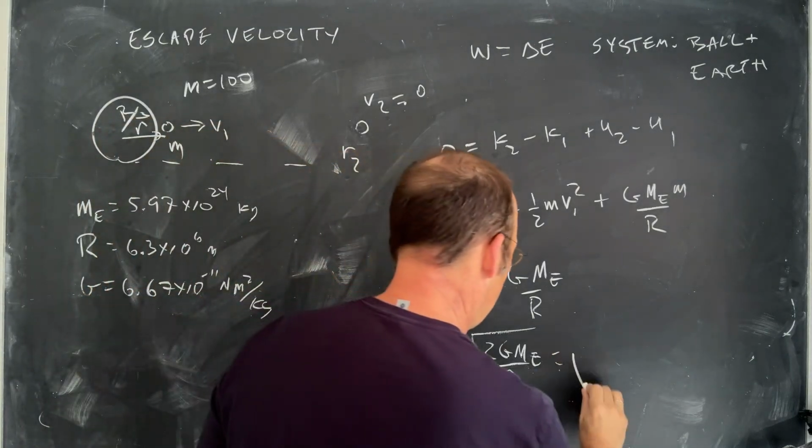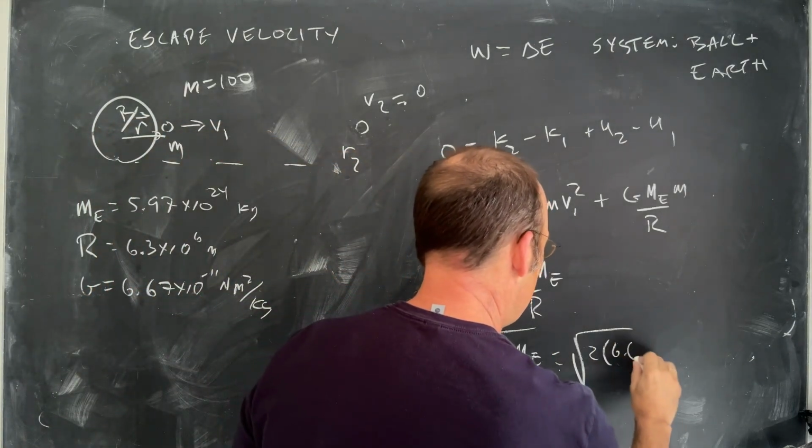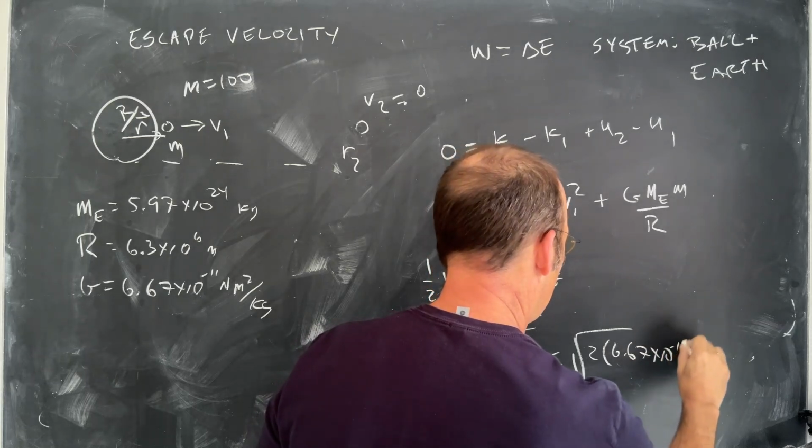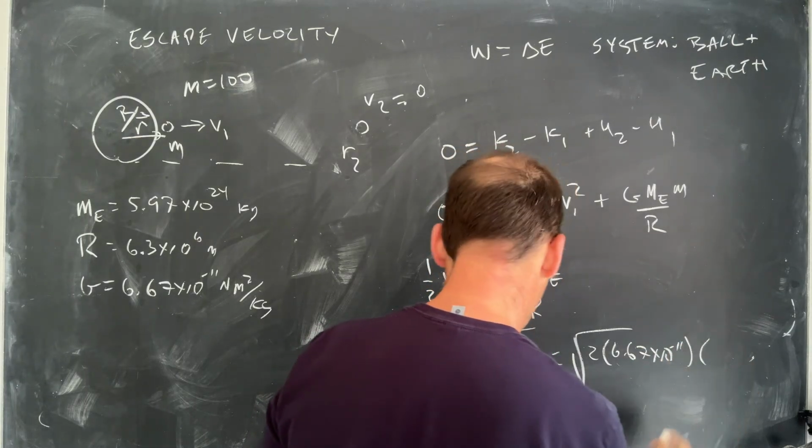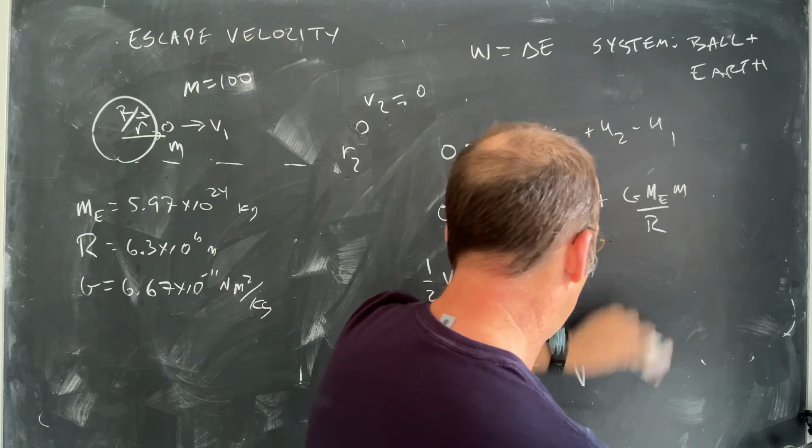Let's calculate that. Square root of 2, 6.67 times 10 to the negative 11th times, oh, I'm running out of room here. I'm just going to put it in my calculator.